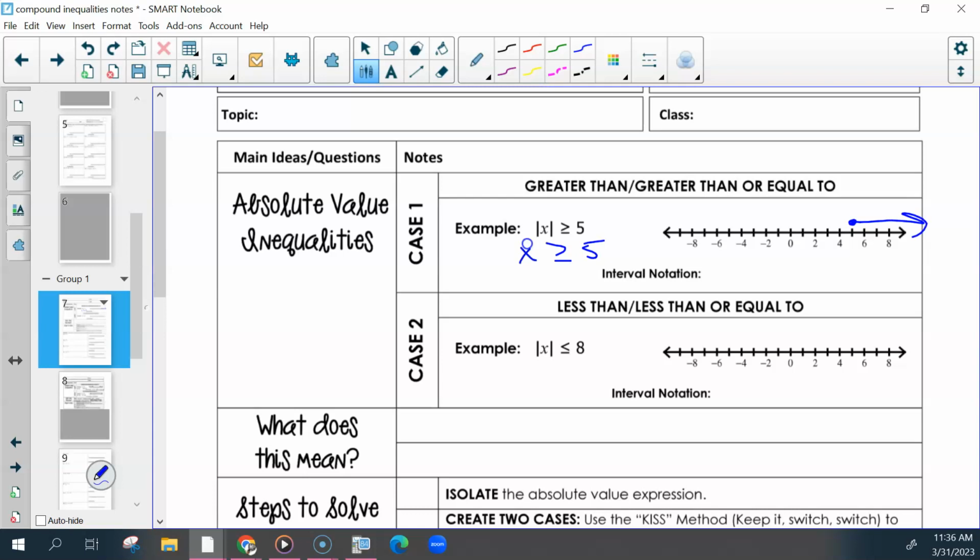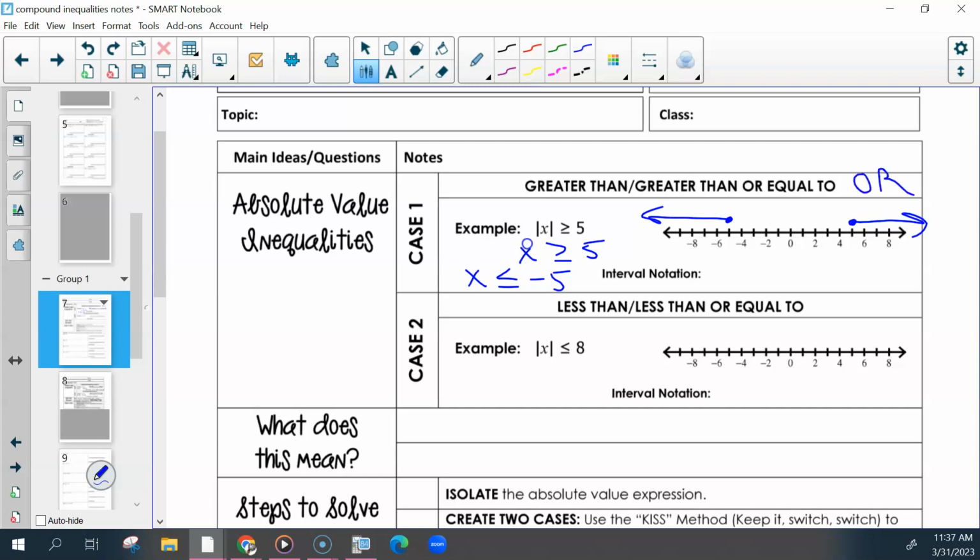Then you would take what's on the inside, keep that the same, change the direction of the sign so it's now less than, and make whatever this is negative. That would be your second case, and then you would graph that. So anytime, after you've isolated your absolute value, when you go to graph it, greater than or equal to absolute value inequalities will be ORs.